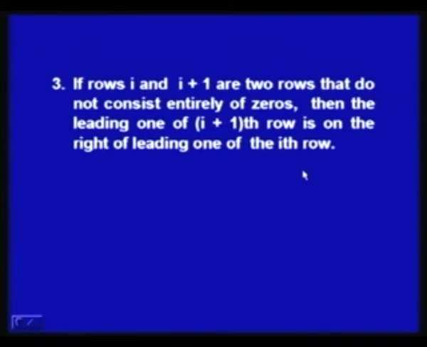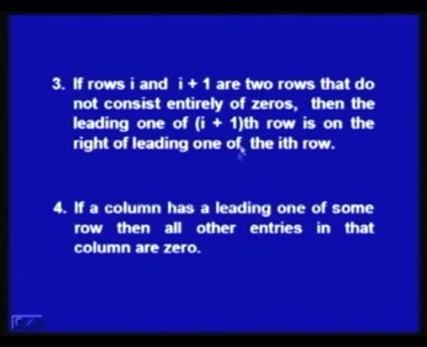The next property is, if there are 2 rows having non-zero elements, that means rows not consisting entirely of zeros, let us say the rows are the ith and the I plus 1th, then the leading one of the I plus 1th row is on the right of the leading one of the ith row. I will explain this with the example. And the fourth property is that if a column has the leading one of some row, then all other entries in that column are 0.